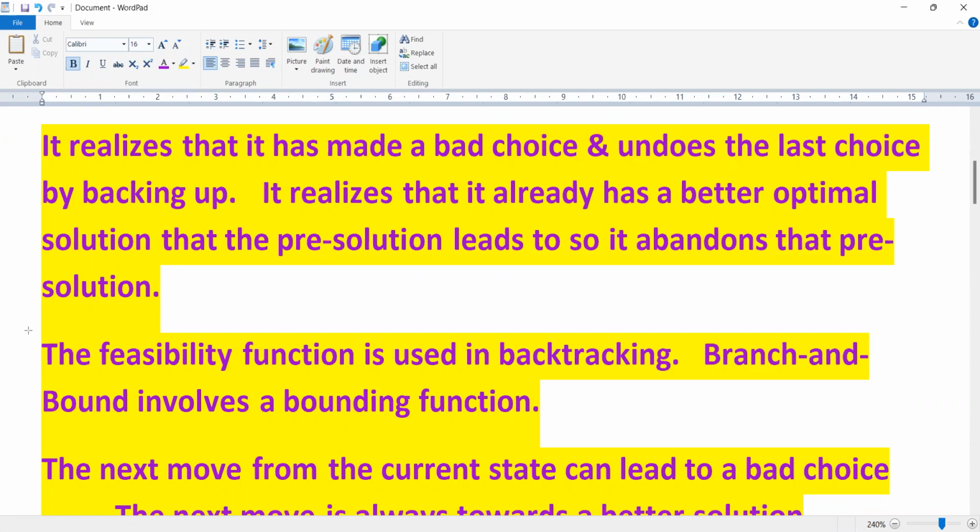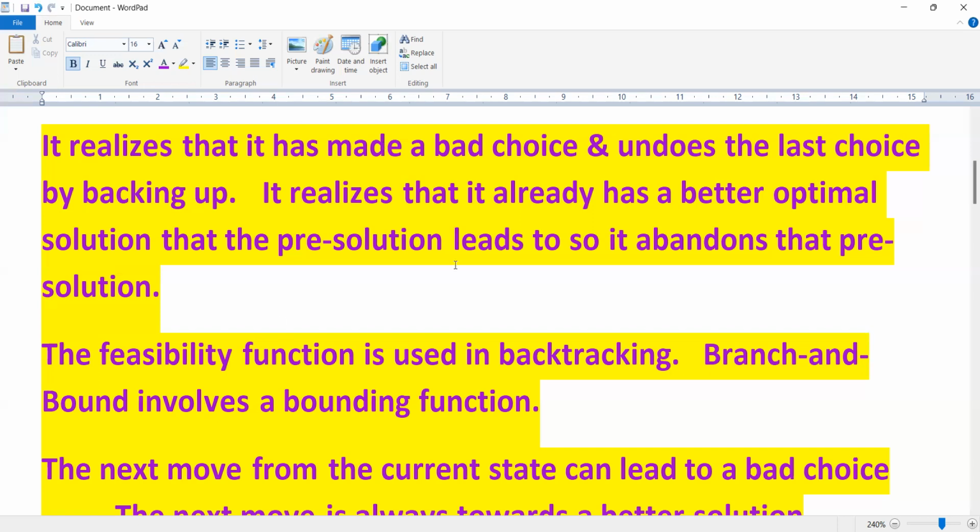In backtracking, it realizes that it has made a bad choice and undoes the last choice by backing up, and in branch and bound, it realizes that it already has a better optimal solution, so it abandons that pre-solution.